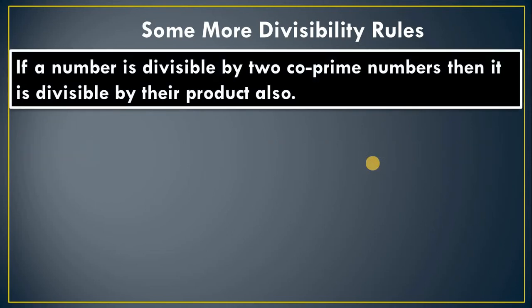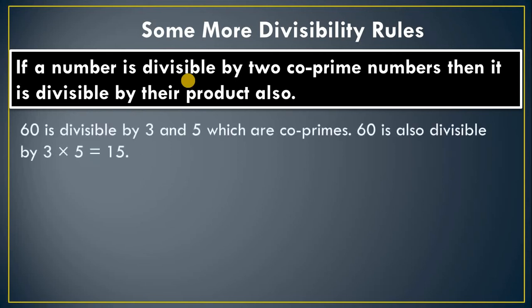Some more divisibility rules we will see again. The next rule is, if a number is divisible by two co-prime numbers, then it is divisible by their product also. For example, 60 is divisible by 3 and 5, and 3 and 5 are co-prime numbers. Why are they co-prime? Because there is no common factor between 3 and 5.